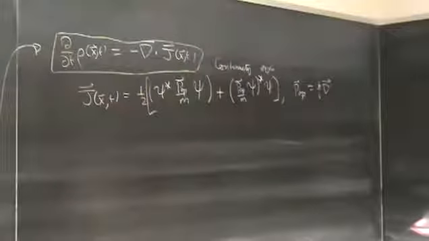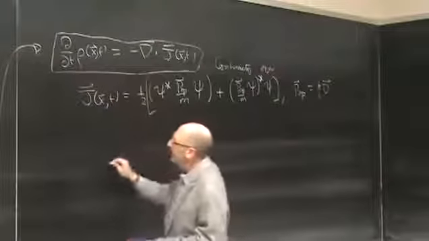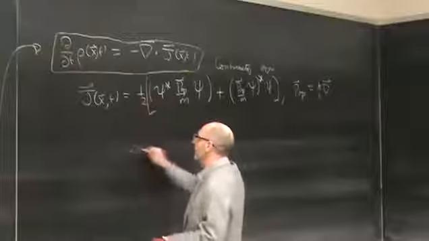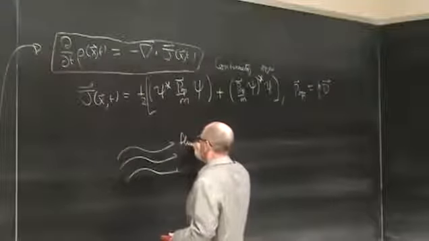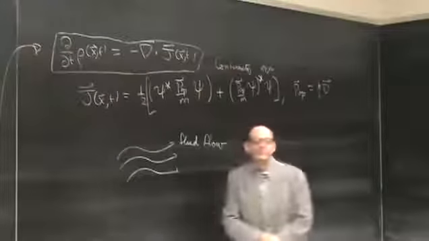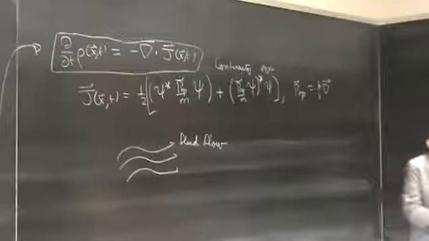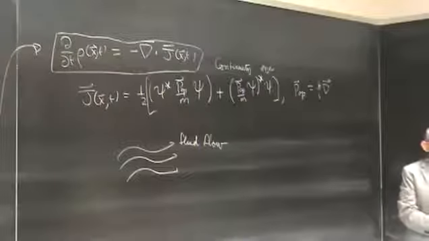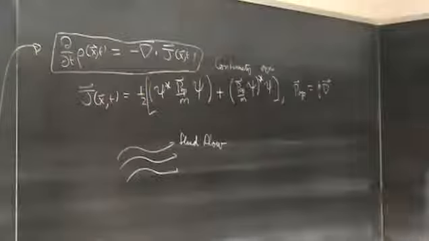So the continuity equation is a picture in which I think about some kind of fluid flow. And what the continuity equation tells me is that the total amount of the stuff that makes up the fluid is conserved.